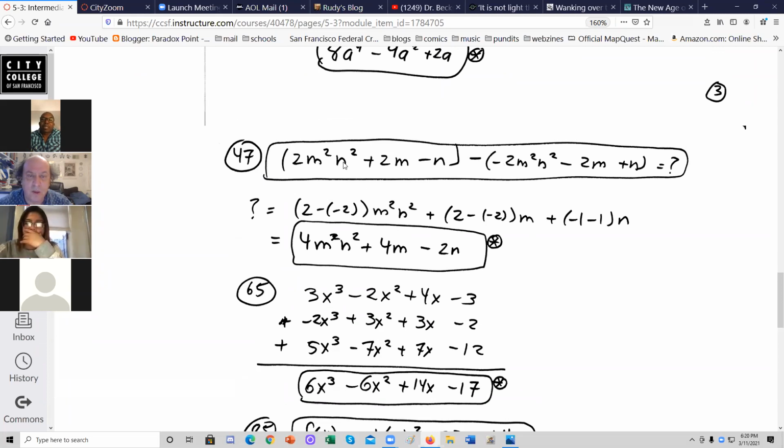You've separated the coefficient from the variable, and then you did your multiplication. 2m minus negative 2m, so I distribute out an m. Therefore, 2 minus negative 2. Why didn't you just leave the variable with the coefficient, the negative 2 and the m? Why did you separate it with parentheses? To make it easier. Okay, got it. Thank you.